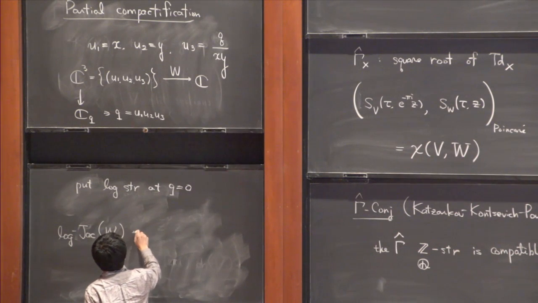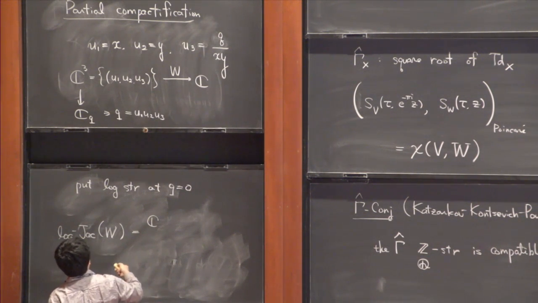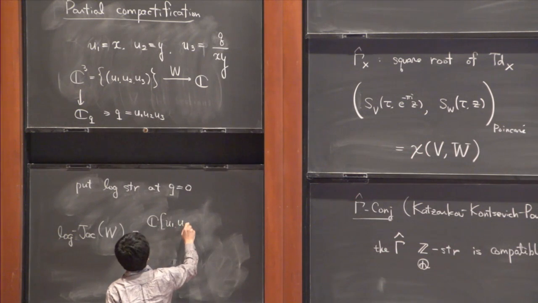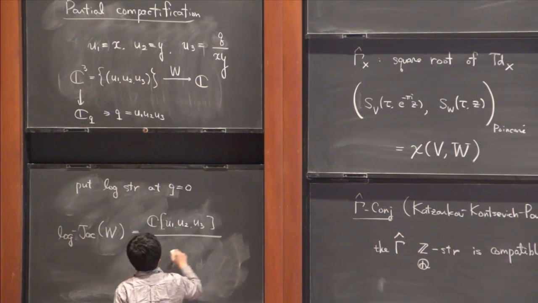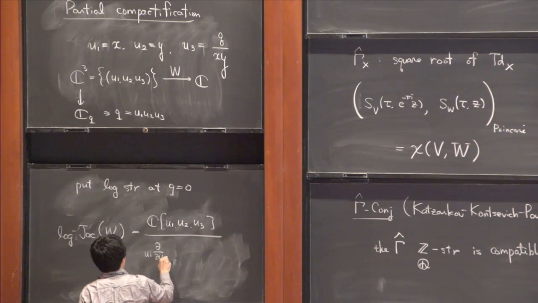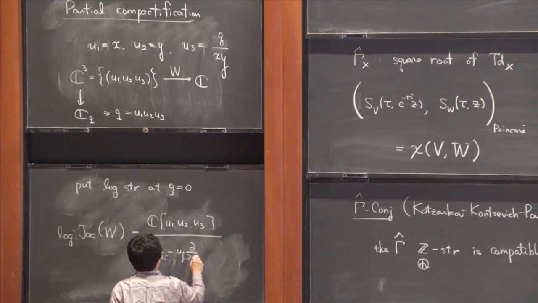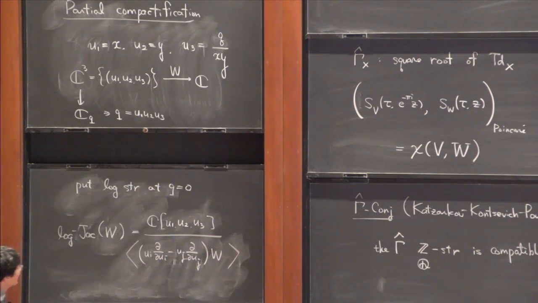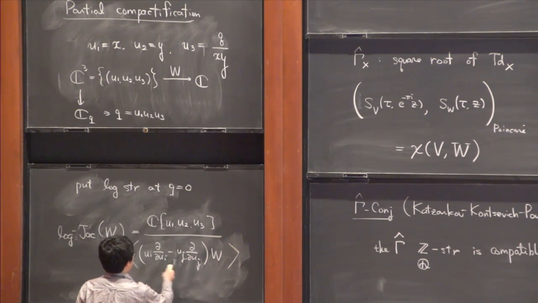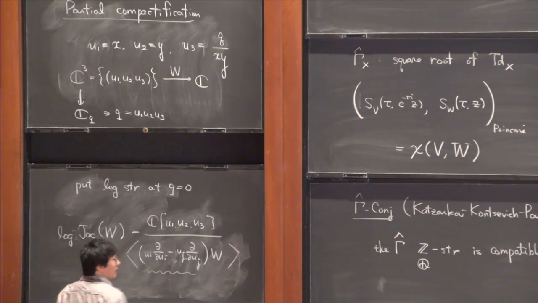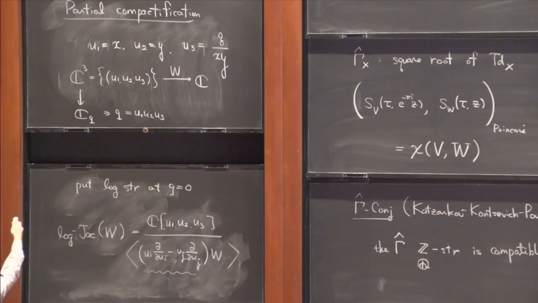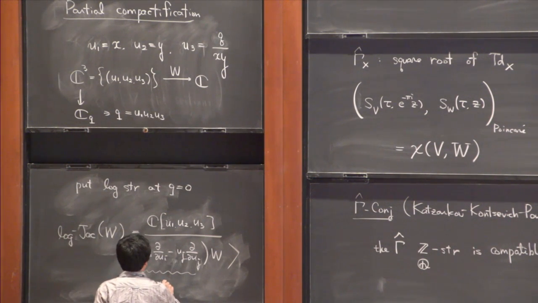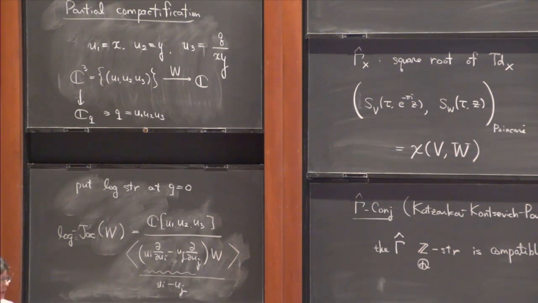This is quite an elementary thing. I just consider the quotient ring by the ideal generated by the logarithmic vector fields along the fiber. Then this is just u_i minus u_j.